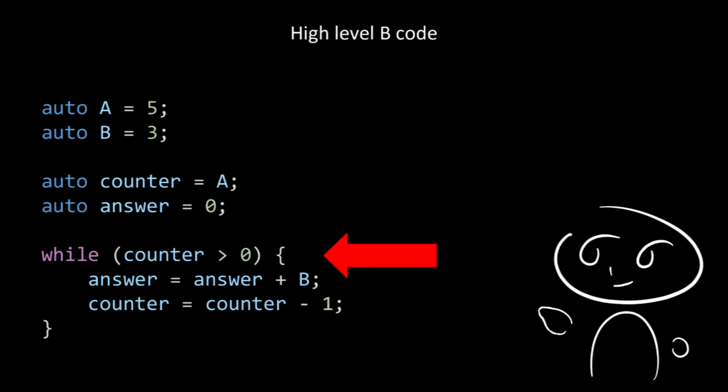Then we start a while loop, and this loop carries on going whilst counter is more than 0. In this loop we repeatedly add B to the answer and then we subtract 1 from the counter. This loop will carry on going until we eventually get the correct answer.